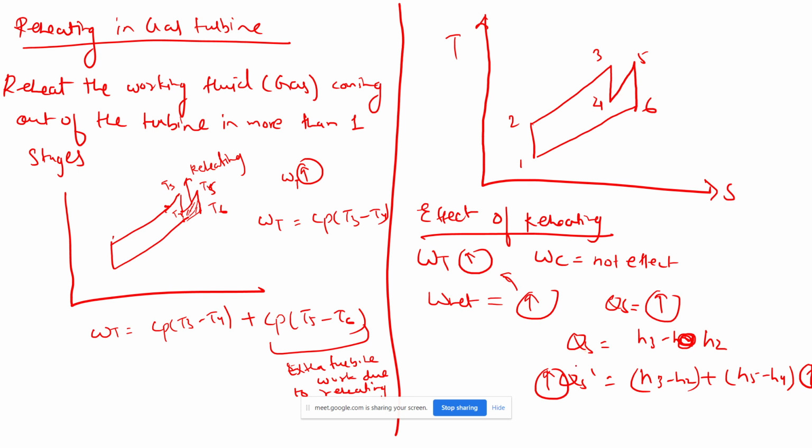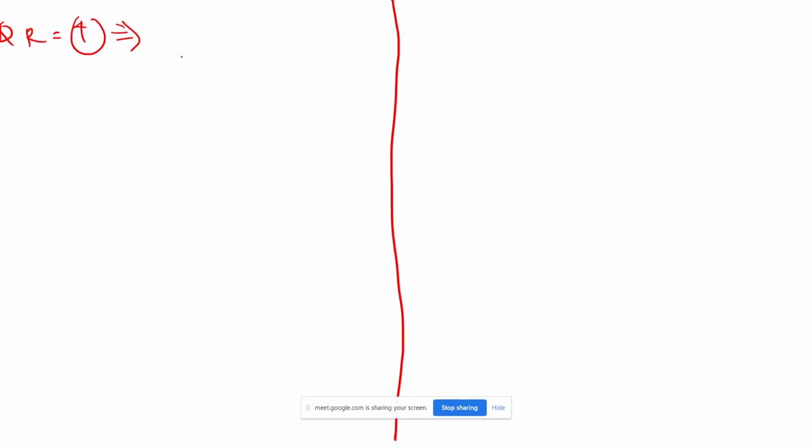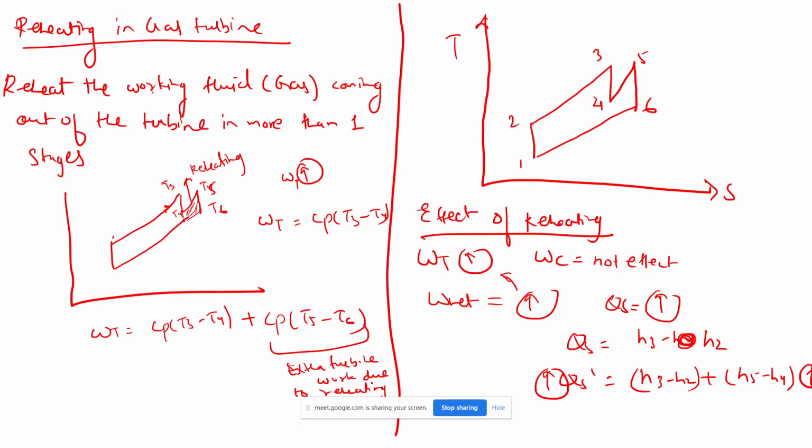Now, what will be the effect on the heat rejected QR? It also increases, because previously it was H4 minus H1, and now it is QR dash, H6 minus H1.